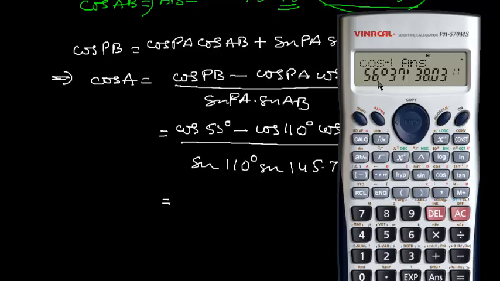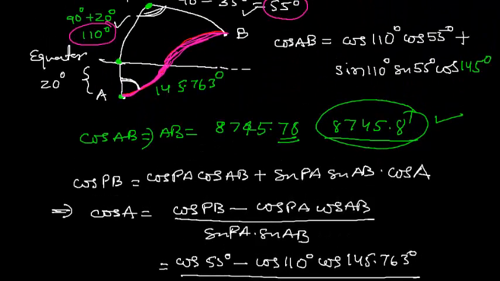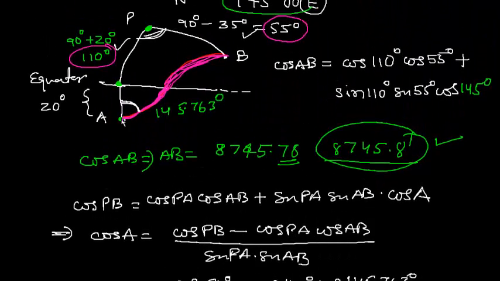Closest to one decimal, I can write the value as 56 degrees 37.6 minutes. This is the closest value I get. This is angle A, and let's find the direction.